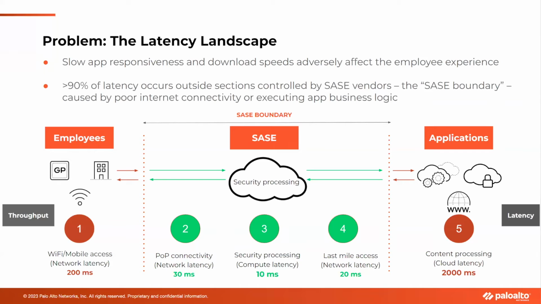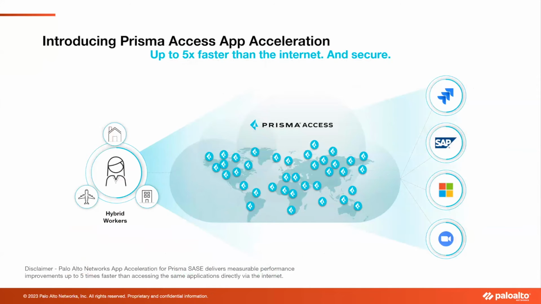So we recently launched, after acquiring a company last year, a new feature that allows you to reduce the latency on the right-hand side, the application part. We are introducing Prisma Access app acceleration.